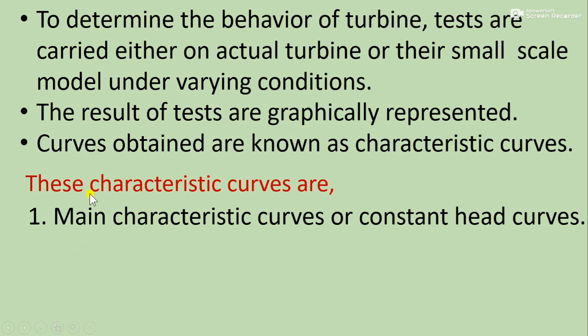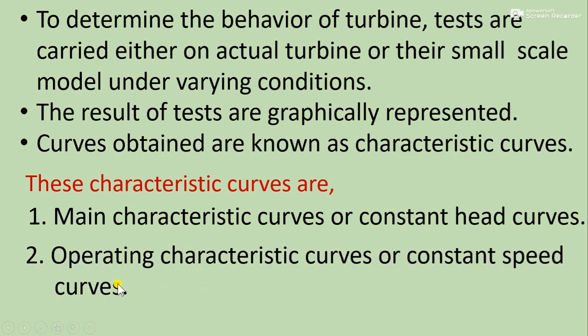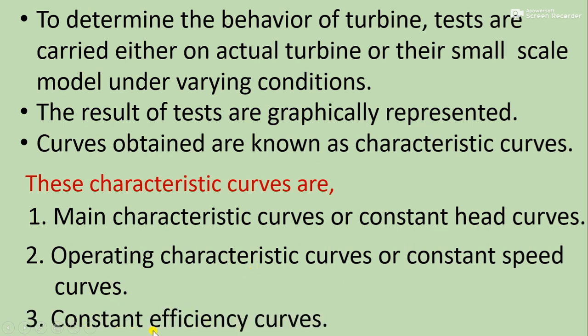Number 1 is the main characteristic curve, or constant head curves, meaning in these curves head is taken as constant. The second is the operating characteristic curve, or constant speed curves, obtained by maintaining the speed of the turbine constant. And the third curve is obtained for constant efficiency.